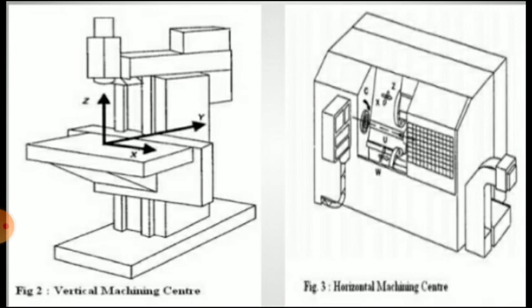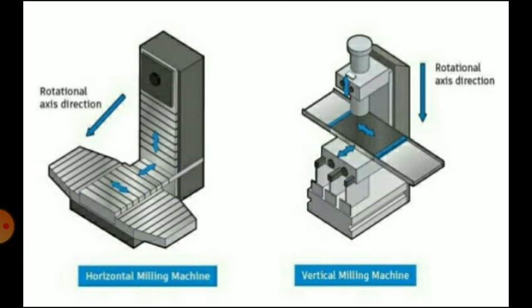You can see another diagram of the vertical and horizontal machining centers, and the directions shown by the arrows in both. On the left-hand side you can see the horizontal machining center, and on the right-hand side the vertical machining center.